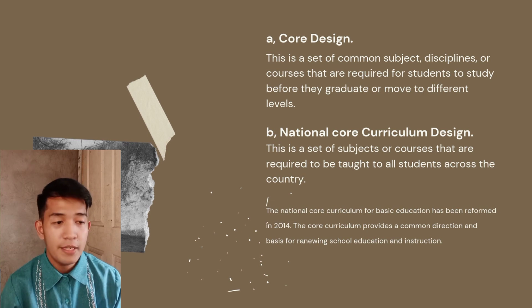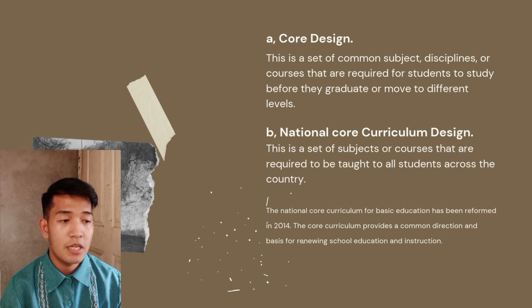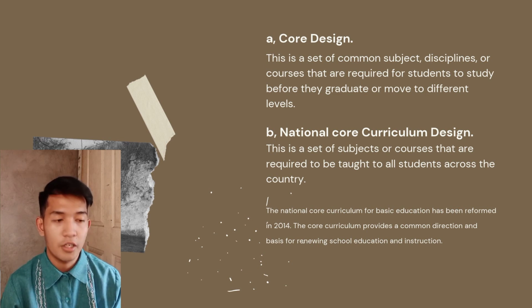Okay, so letter B, National Core Curriculum Design. This is a set of subjects or courses that are required to be taught to all students across the country. The National Core Curriculum for Basic Education was reformed in 2014. The core curriculum provides a common direction and basis for renewing school education and instruction.